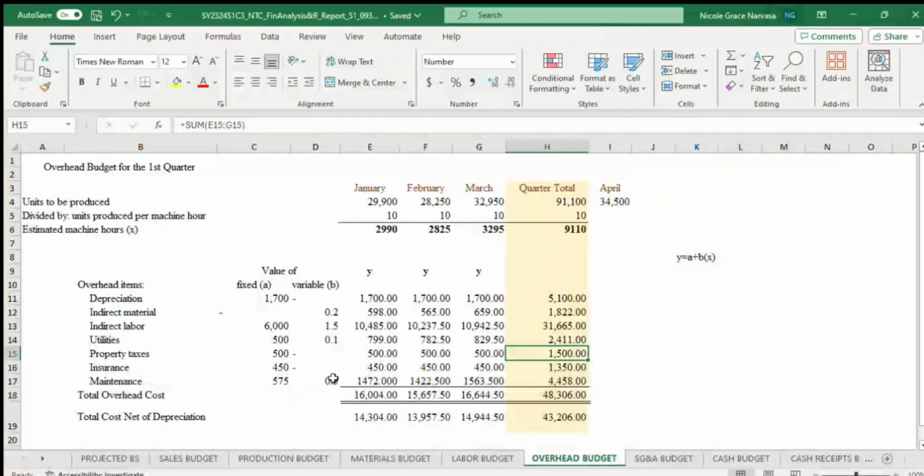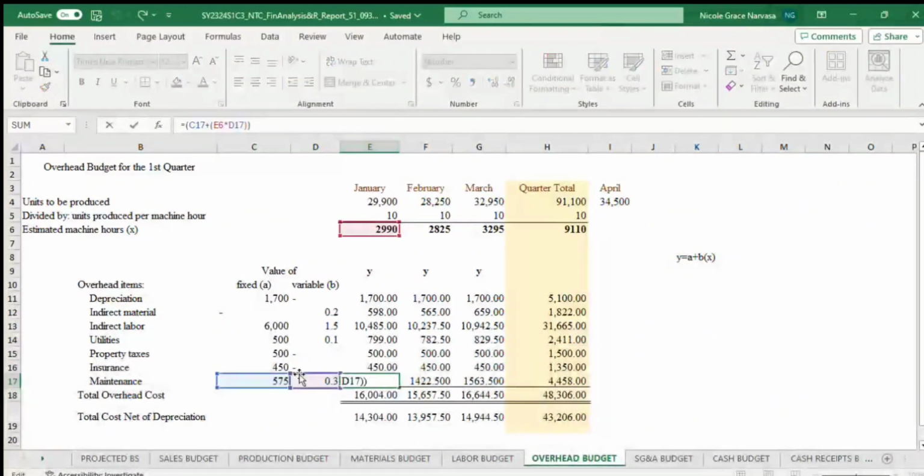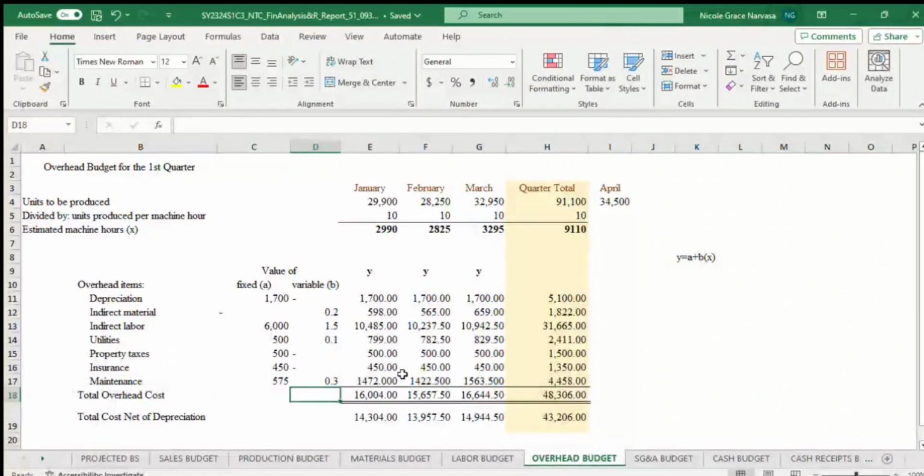Then the maintenance we compute as follows: A plus B multiplied by X equals 1,472. And after that, we can now get the total overhead costs by simply adding all of these values.